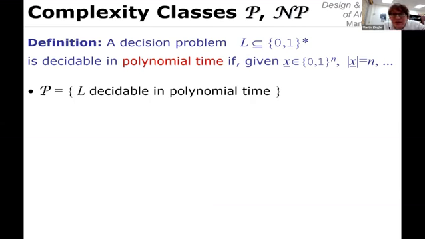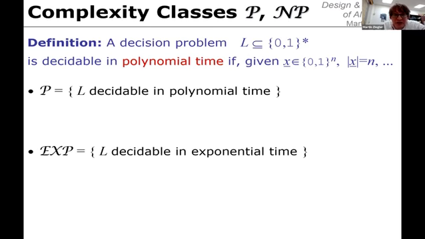And observe that the different decision problems in P can have different polynomials. So maybe n to the third, maybe another problem can be solved in n to the 100. But the important thing is that the exponent is some constant, which may depend on the problem under consideration, as opposed to exponential time algorithms, where the running time is allowed to grow exponentially, which means that the exponent is not a constant.